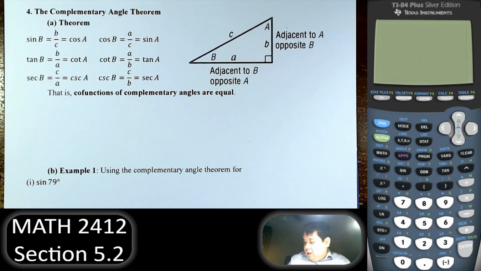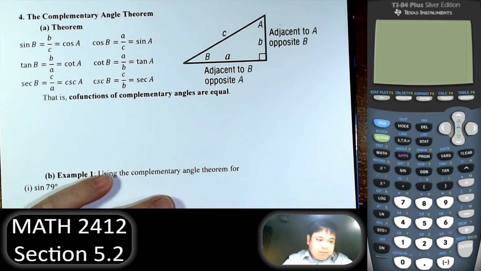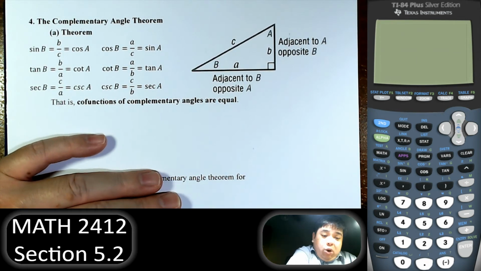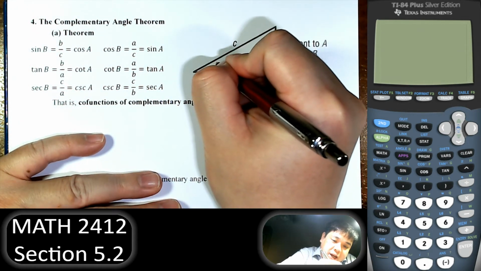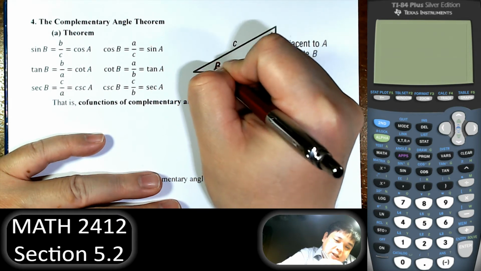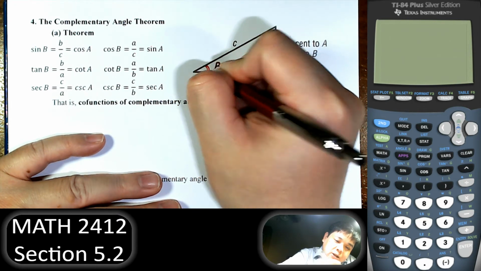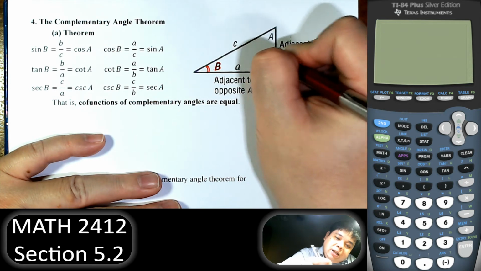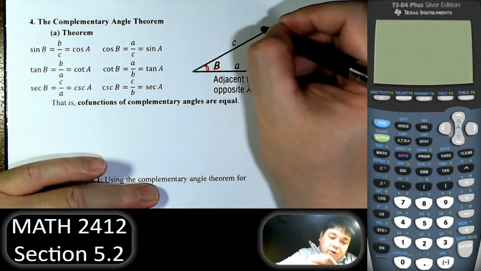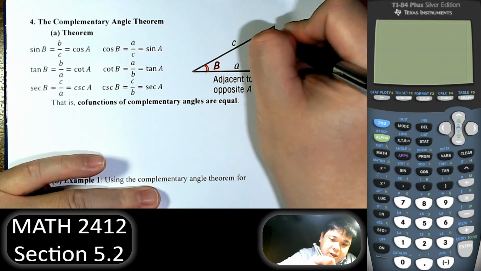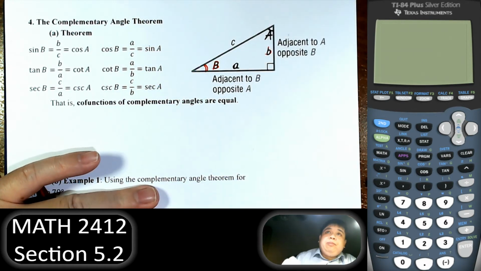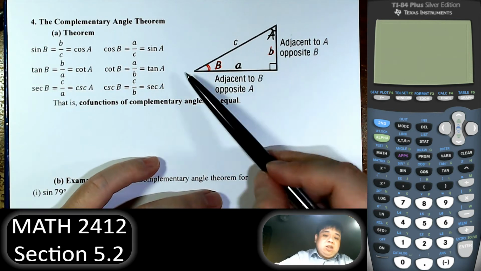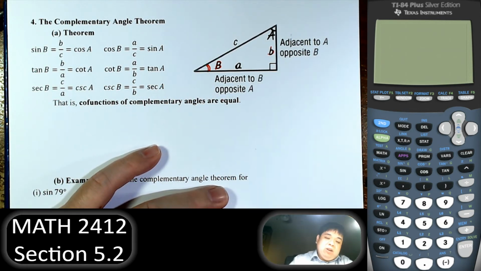Right, now complementary angle theorem. So let's say we have a right triangle. It's convention. Opposite to angle B is the side b. Opposite to angle A is the side a. Now, of course, c is the hypotenuse, opposite to the right angle.